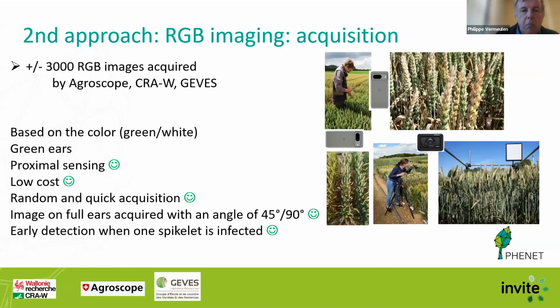The second approach is RGB imaging, and it is, I would say, the most promising device for detection of Fusarium head blight.